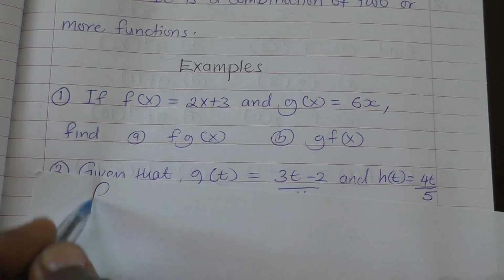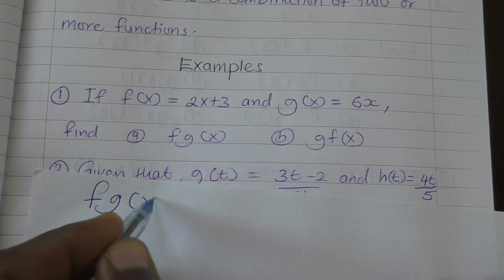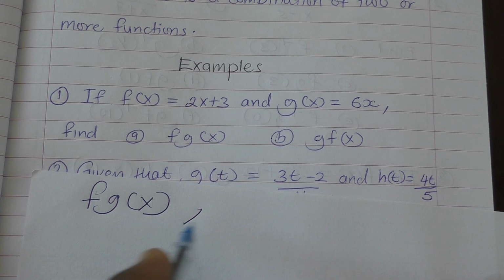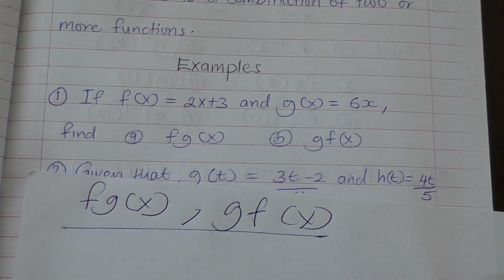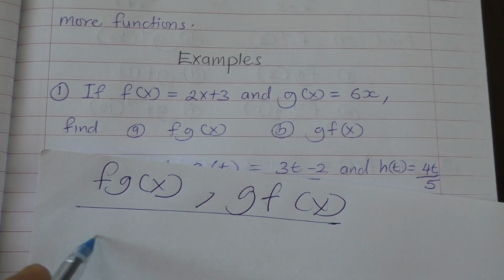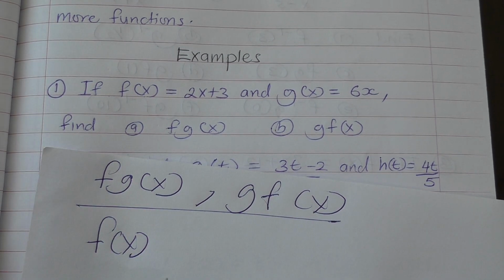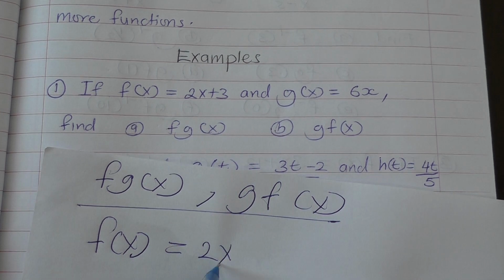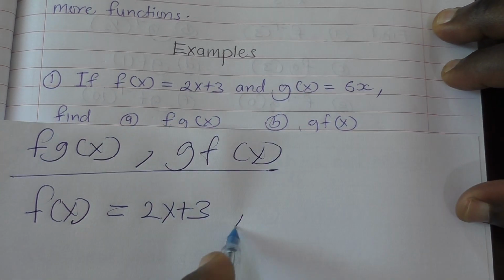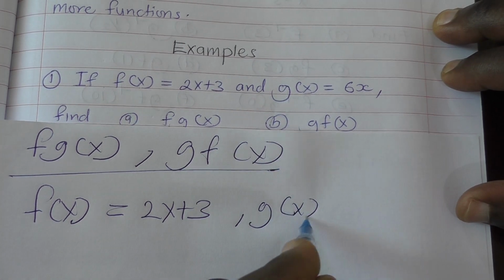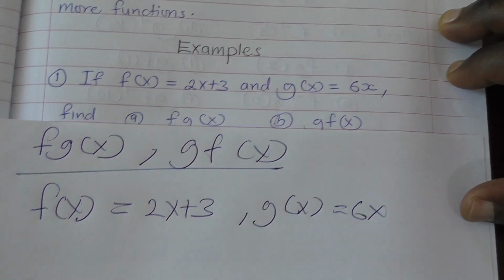We have fg of x and gf of x. These are the functions that we are to find. But we have f of x, which is 2x plus 3, and we have g of x, which is 6x.